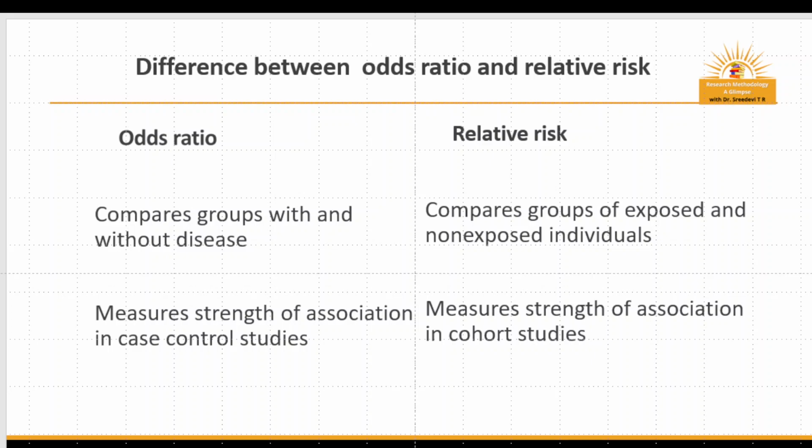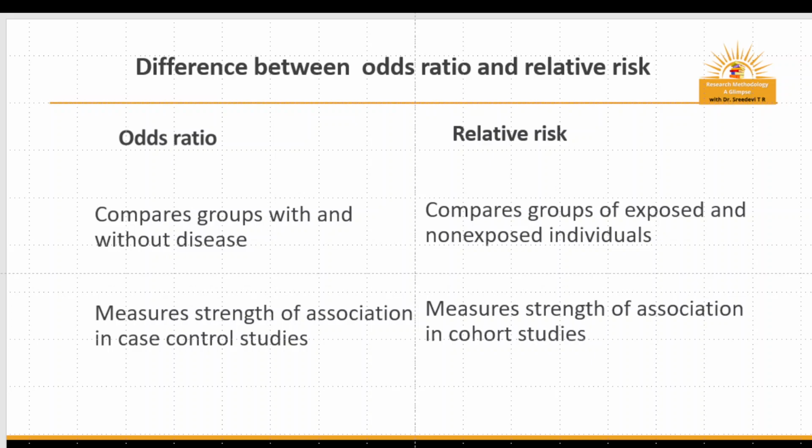In case control study, cases are patients with lung cancer, controls are samples without lung cancer. Then determine the number of smokers in these two groups. Odds ratio is calculated. Diseased and healthy individuals are compared and their exposure to risk status is studied. Based on the obtained results, OR and RR, the value interpretation is made and the inference is drawn.